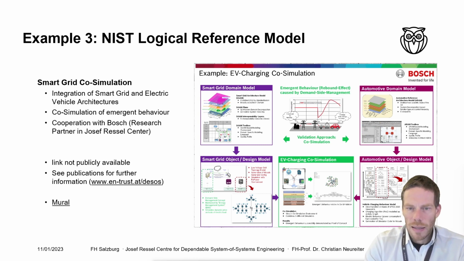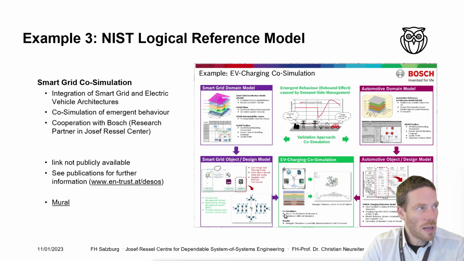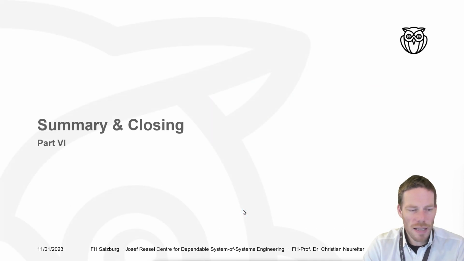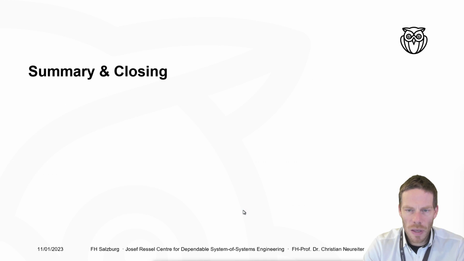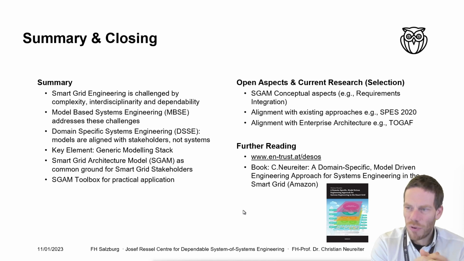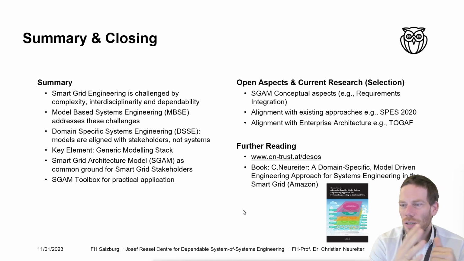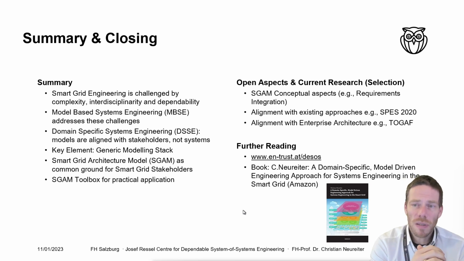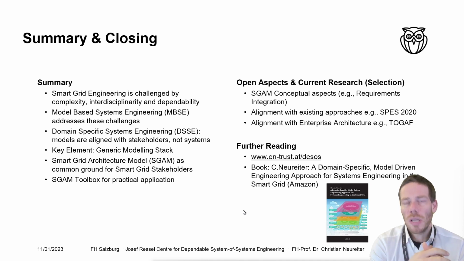Yeah, and this brings me to my last slide, the summary and closing. So what did we learn in these two lectures? We made a very rough ride through many different topics, and we learned about challenges in smart grid engineering. We have talked about complexity. We have seen modeling as an approach to deal with complexity.